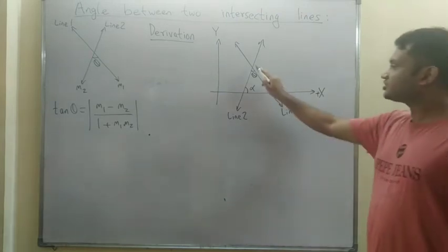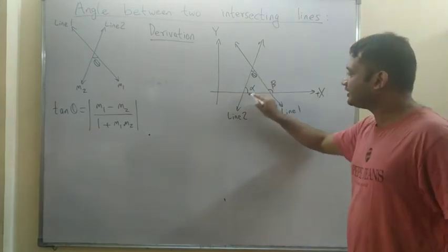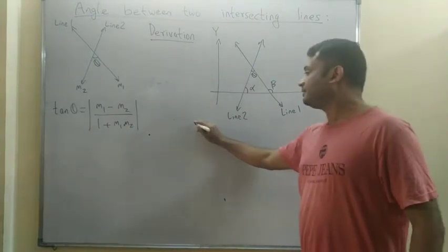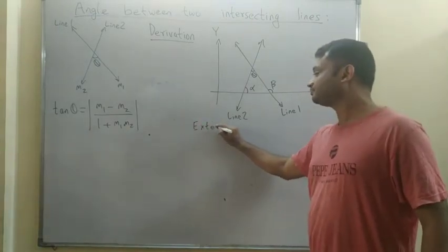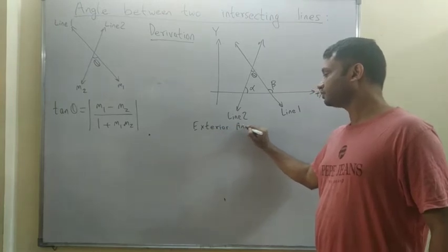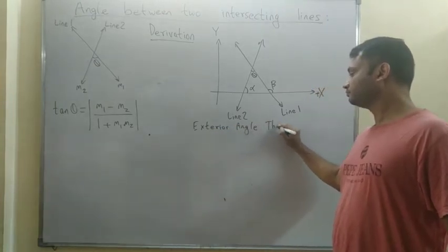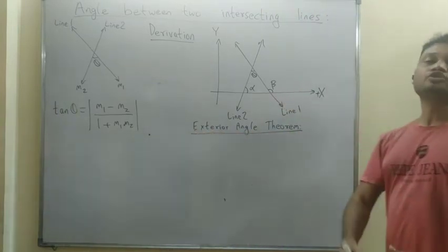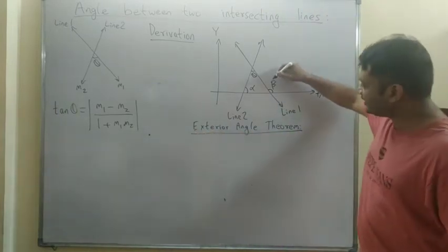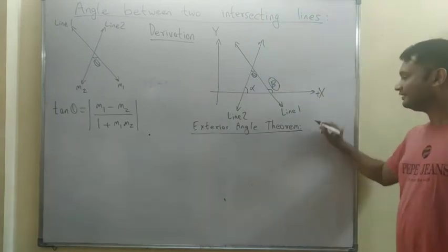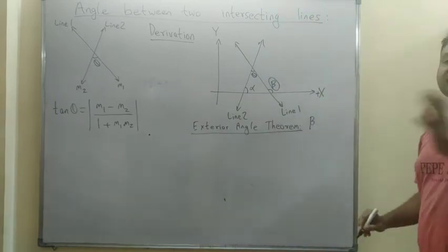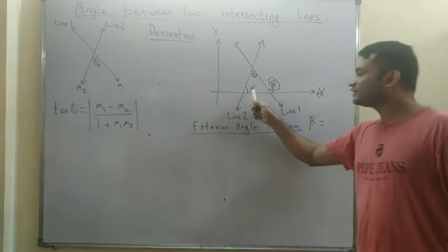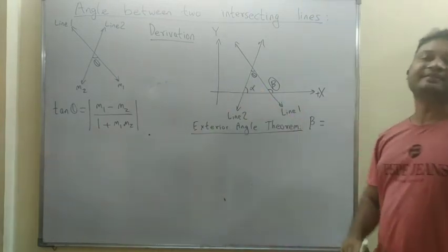Now in this triangle, if you see this triangle carefully, let me apply the exterior angle theorem. The exterior angle theorem states that the exterior angle, in this case beta, is equal to the sum of the remote interior angles, which in this case are alpha and theta.